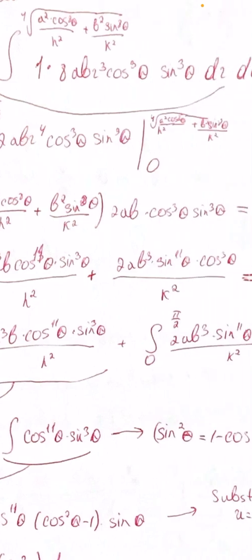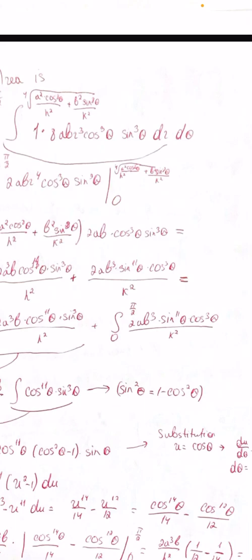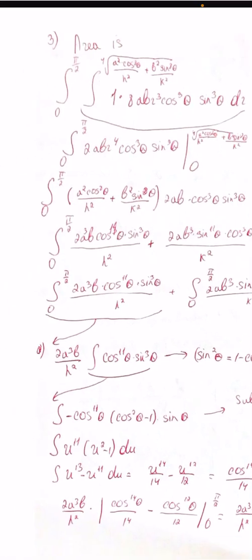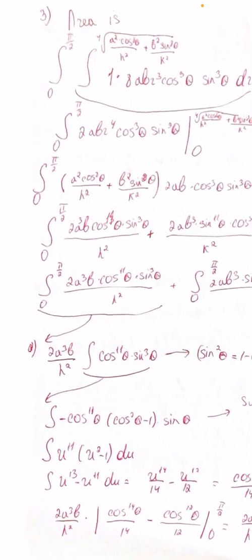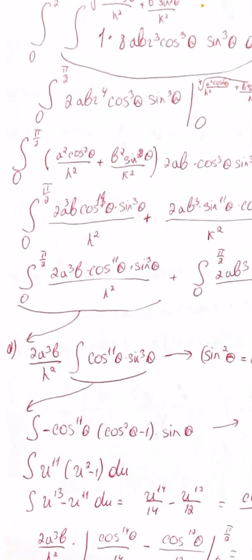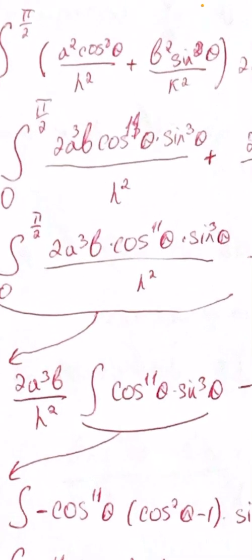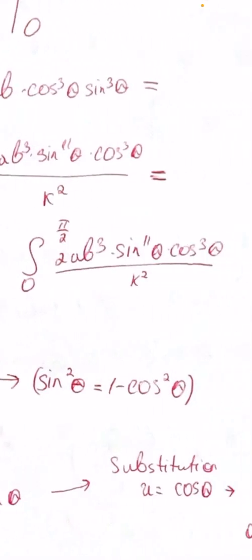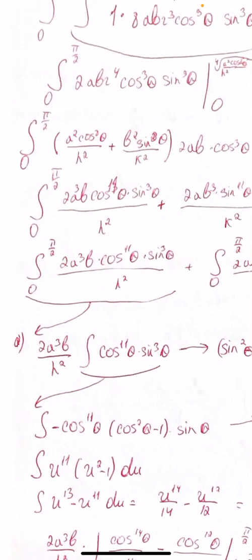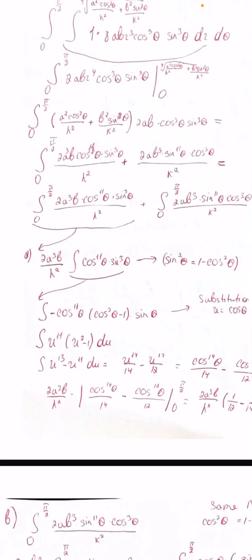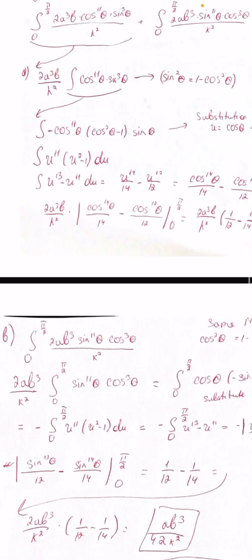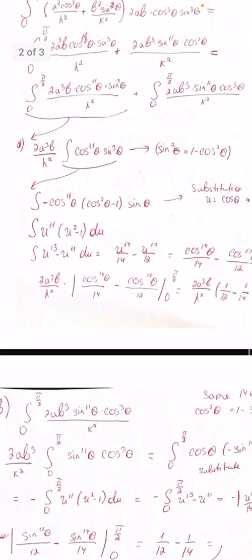I'm just summing them here; I didn't find them in the exact integral. I grouped them separately. I found first this part, then this part. I will explain the first part, because the second part uses the same method. If I can explain this part easily, we don't need to explain the second part also.